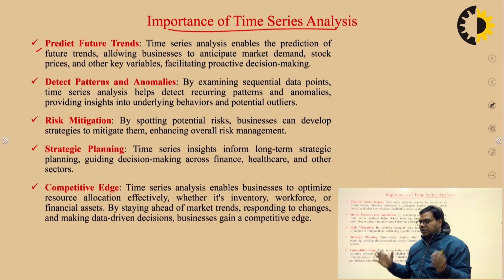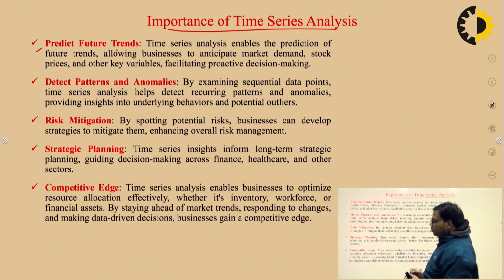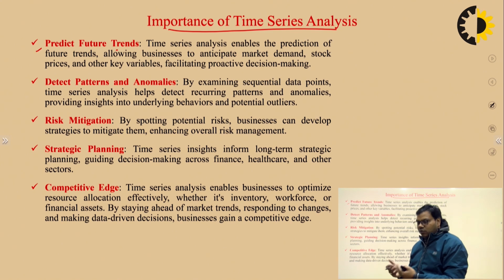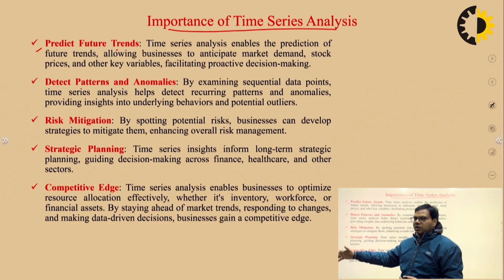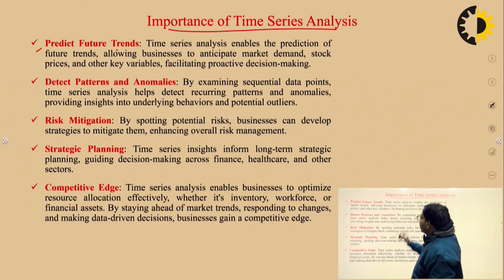So these kinds of analysis can be performed on that data. On that basis, we can predict the next outcome on the basis of the same cyclic event, pattern, or seasonality. We can predict what could be the next season, the next trend, or the next phase of the cycle.